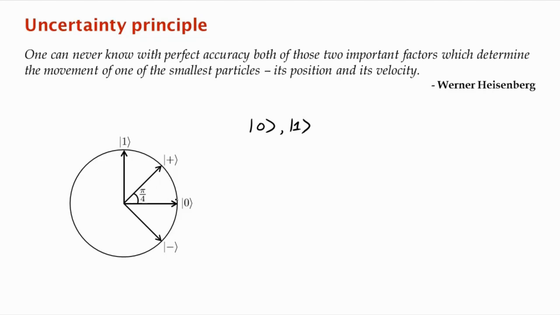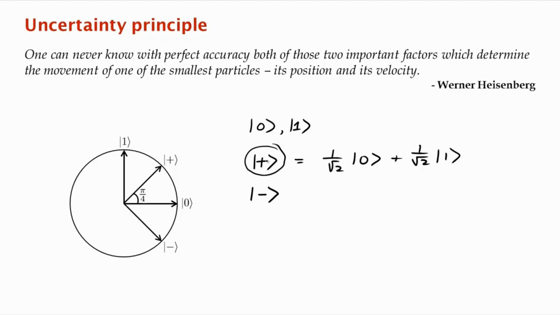And now we can define two other states. We can define a state which we call plus, which is just an equal superposition of 0 and 1. So it's this 45-degree oriented state vector. Remember, in the ket notation, plus is just a name that we are giving to this vector.